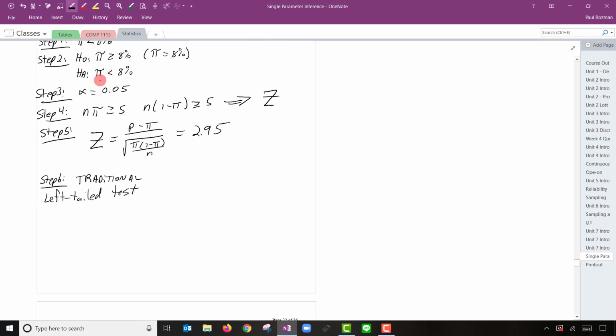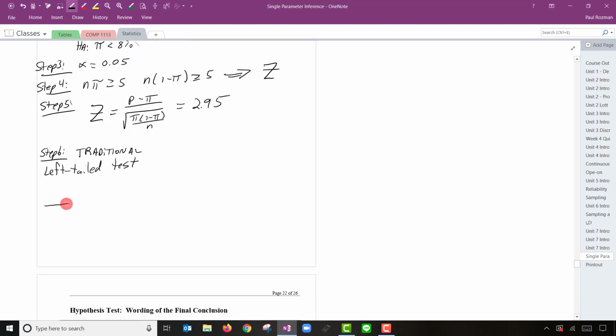If you need a way to remember it, look at the alternate hypothesis. HA points the way. The inequality is pointing to the left. Basically, what would make you support HA? Things on the left. So when we do our critical value, we'll only have one.